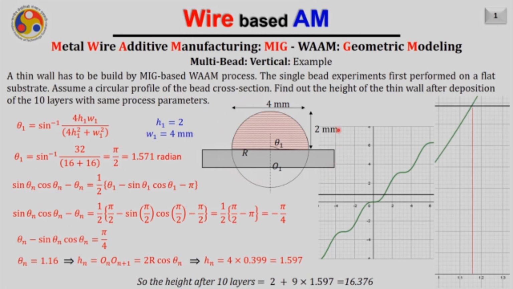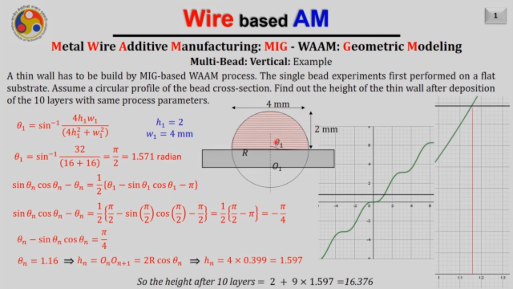So this is the geometry of the bead deposited on the flat substrate that is given to us. It is given that the width of the bead is 4 mm and the height of the bead is 2 mm, and that is why here it is written h1 equals 2 and w1 equals 4.